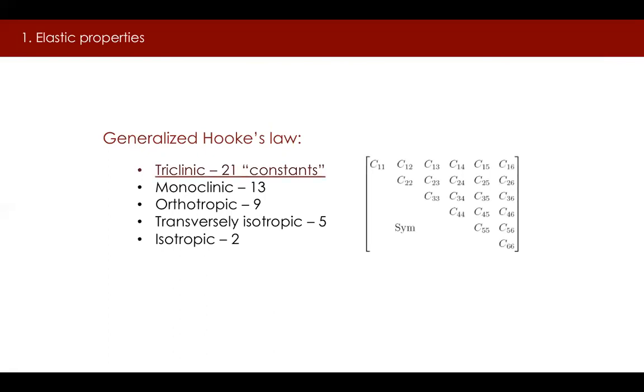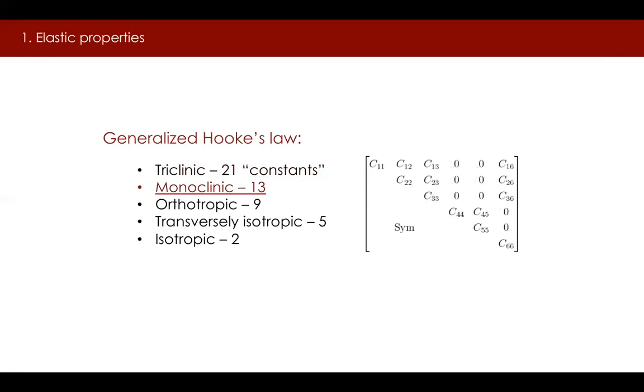The most general form of the elastic stress-strain matrix contains 21 independent components and is shown on this slide. If all 21 constants are needed, the material system is called triclinic. The word "constants" is written in quotes because they may actually vary with the state of the material.